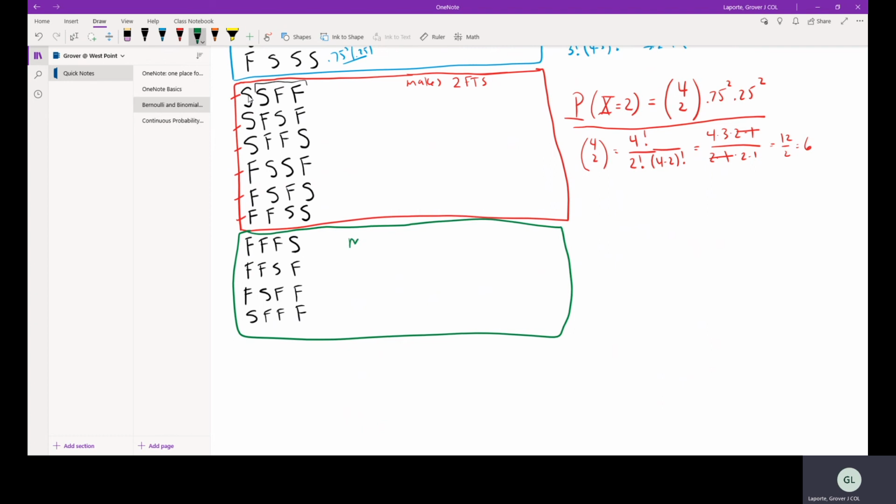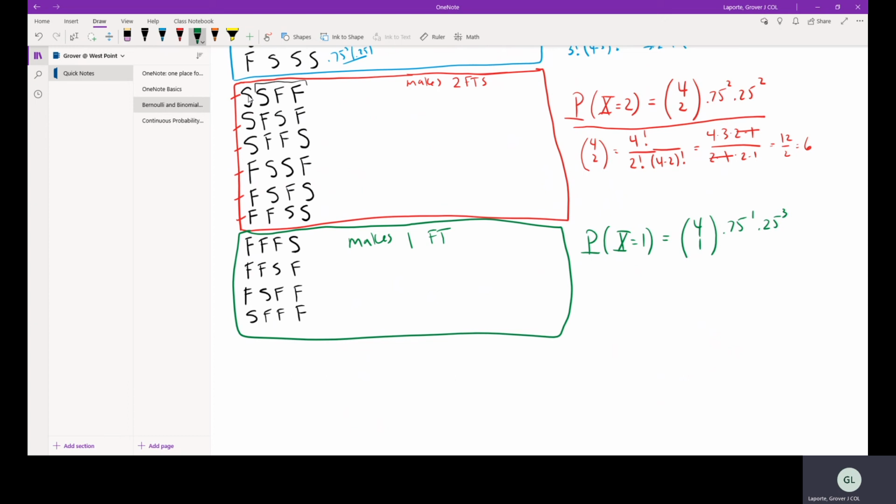And this is makes 1 free throw. So the probability that X is equal to 1 equals 4 choose 1, 0.75 to the, how many S's do I have? 1, so I only have 1, and then 0.25 to the 3.